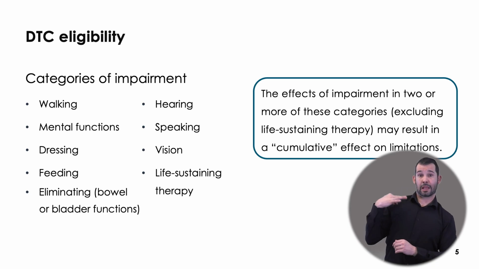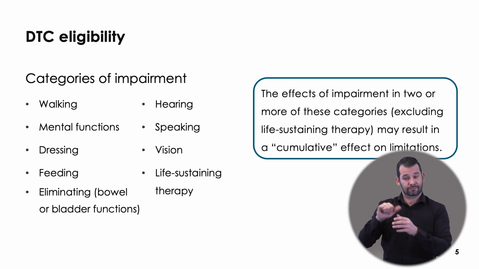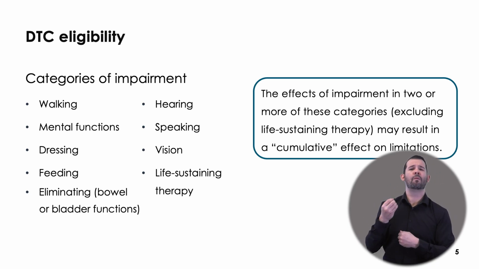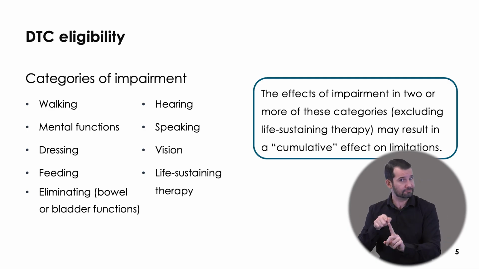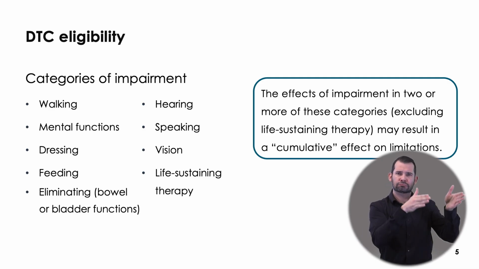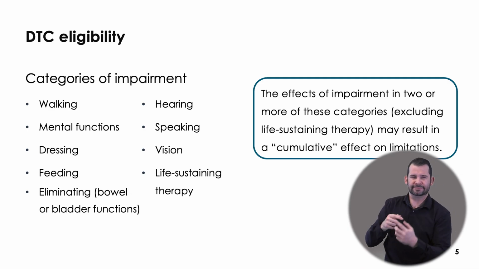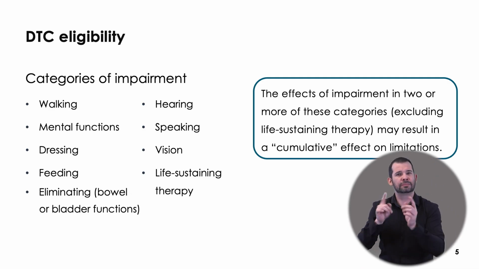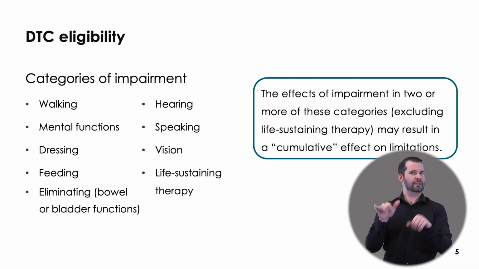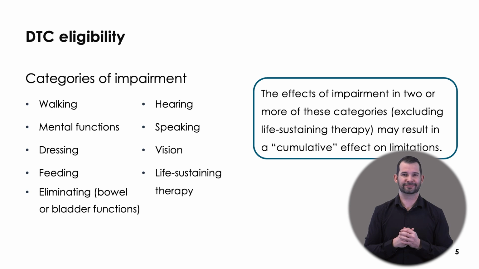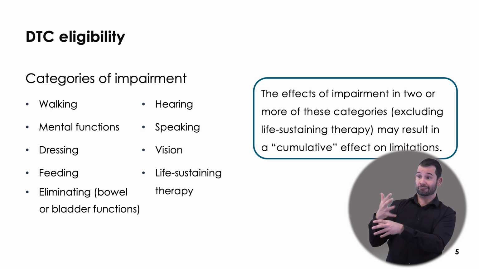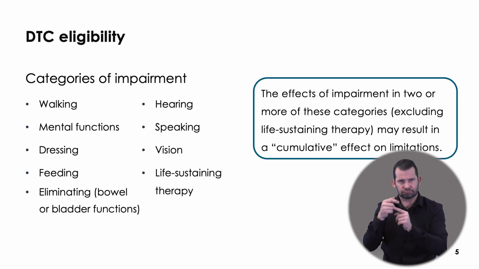The application process for the DTC involves the person with the disability or their legal representative and their medical practitioner, who can certify the effects of the impairment. There are several types of medical practitioners who can certify the effects of an impairment and sign the T2201 DTC application. All applications are reviewed on a case-by-case basis.